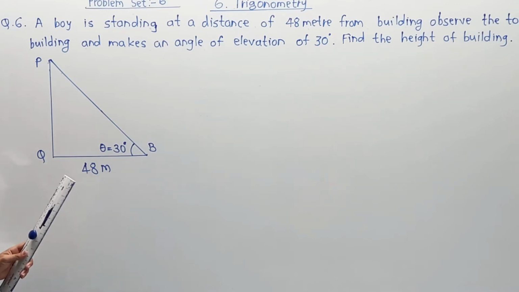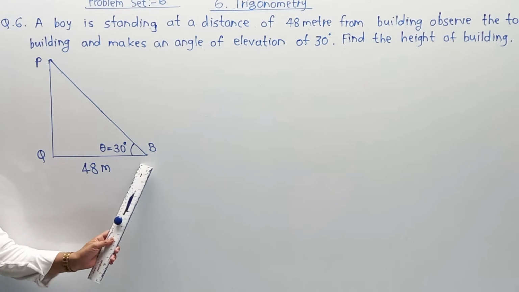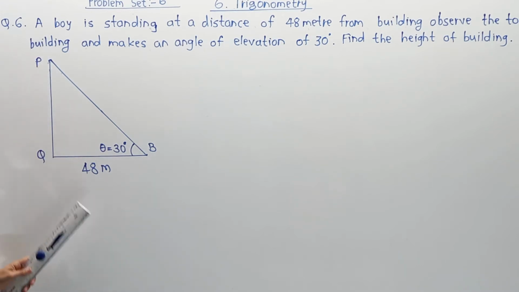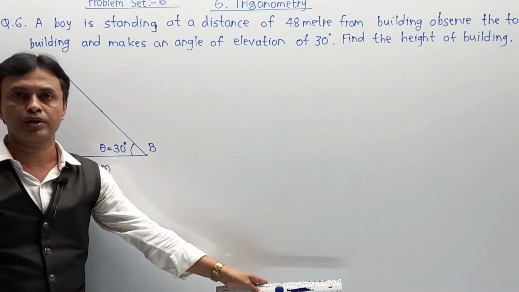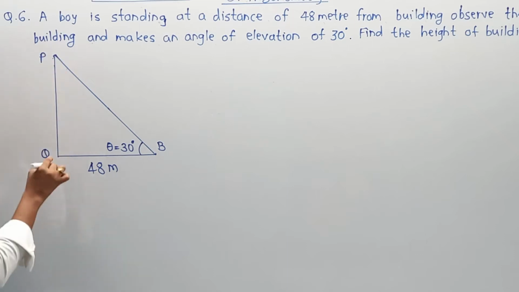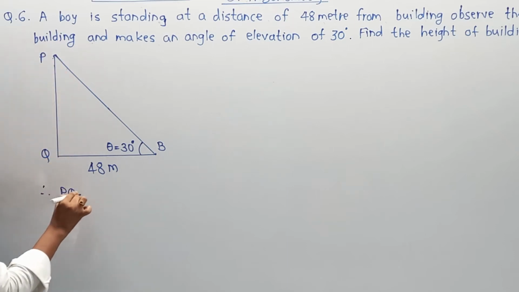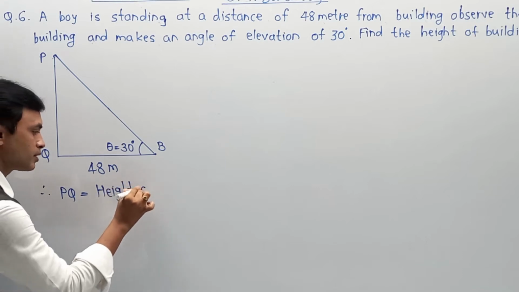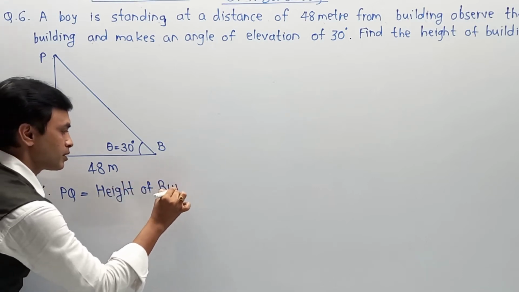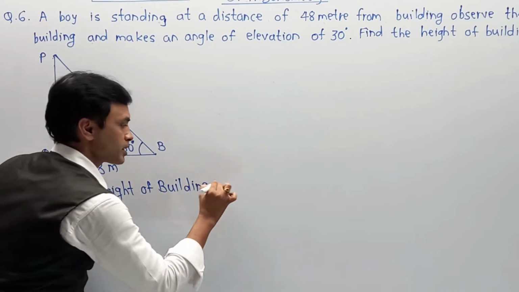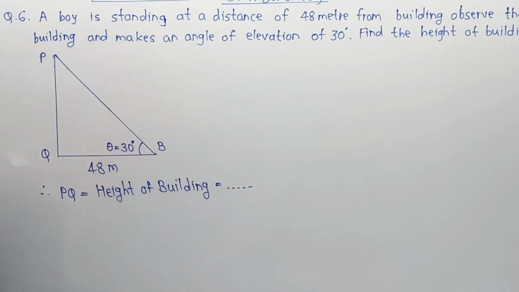First of all, they have given us this side and they have asked for PQ. First I am going to write the declaration and then solve the numerical. So one by one, the first part is PQ, that is the height of the building, that we are supposed to find. Remember, this is the question.